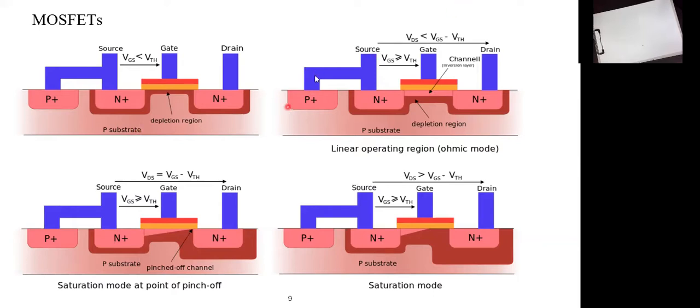Once you put a voltage equal to or greater than the V threshold, your channel will be created. And as long as you have a voltage applied to the drain, electrons will start to move from the N side to the P side, conducting electrical current. So this is the way we have current. You can easily understand that the higher the drain voltage, more and more electrons will be attracted, and accordingly, more and more current.